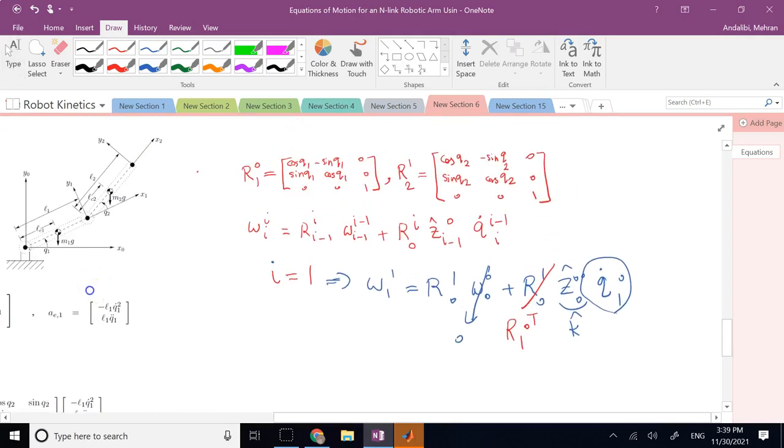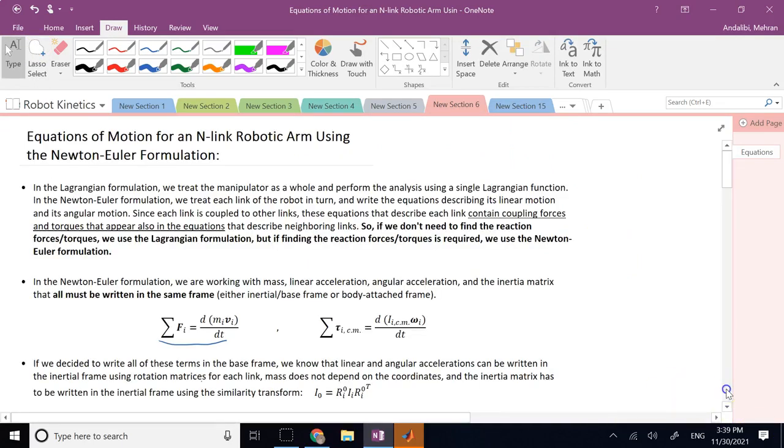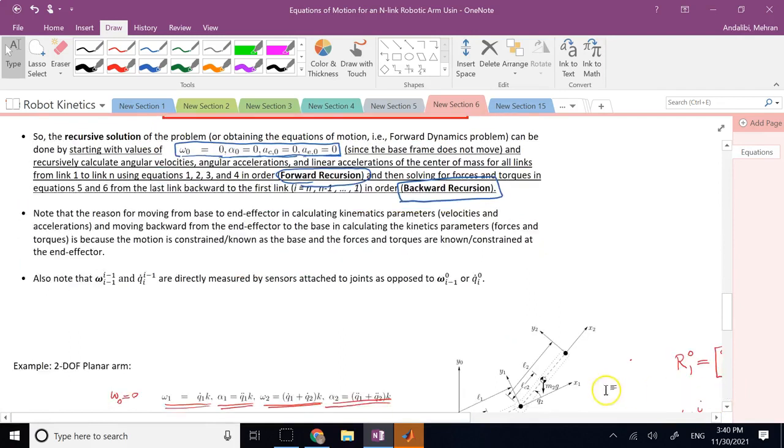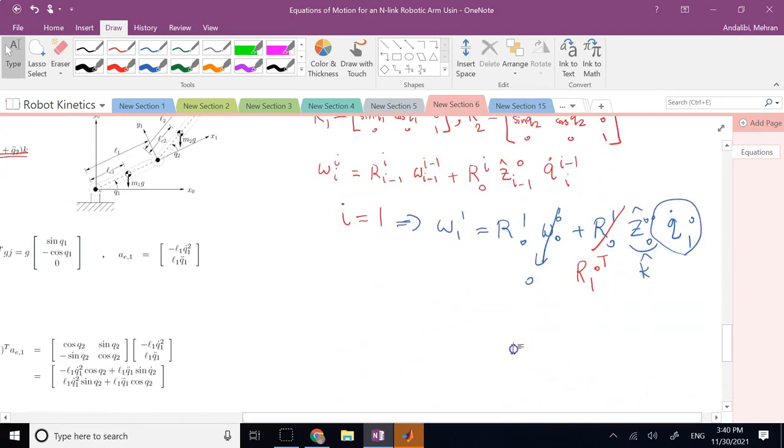So it is going to be basically this matrix, just a transpose of it, multiplied by k, which is 0, 0, 1, and then times q1 dot.